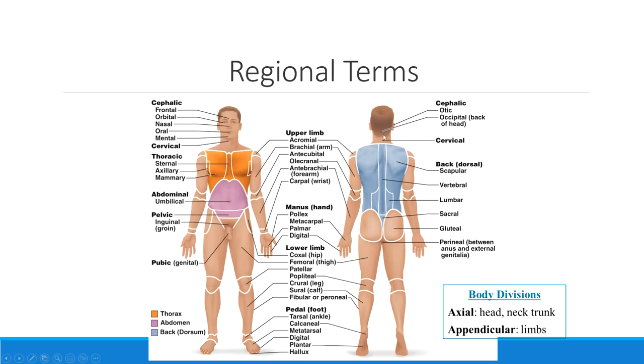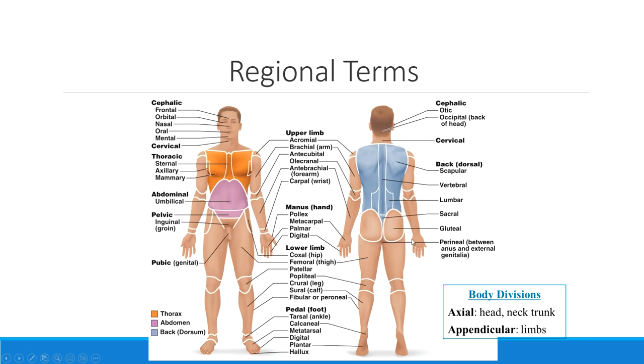The axial skeleton is everything that we find along the midline of the body. So it's going to include the skull, the bones of the chest, it's going to include parts of the pelvis, everything along the main axis, or the middle of the human body, is the axial region.